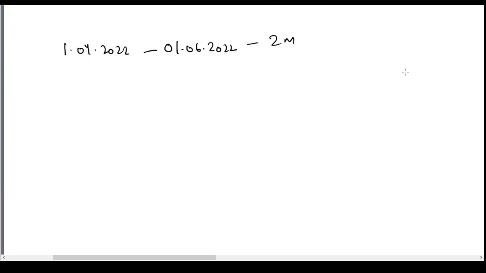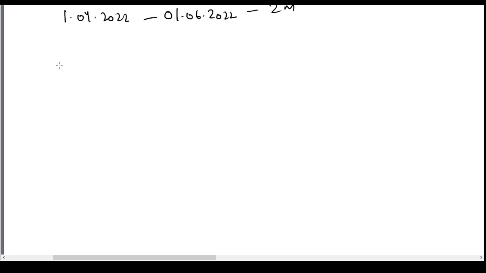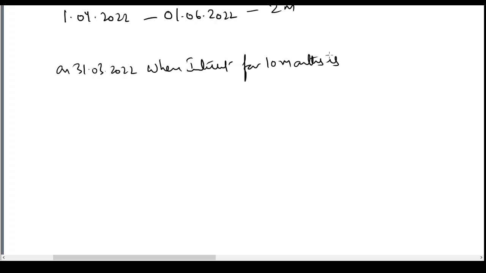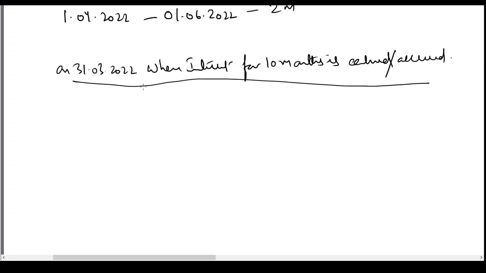So how do we deal with it? On 31st March 22, when interest for 10 months is earned, or you also use the term accrued, we have to pass an entry here. We have to recognize the interest income in our books.